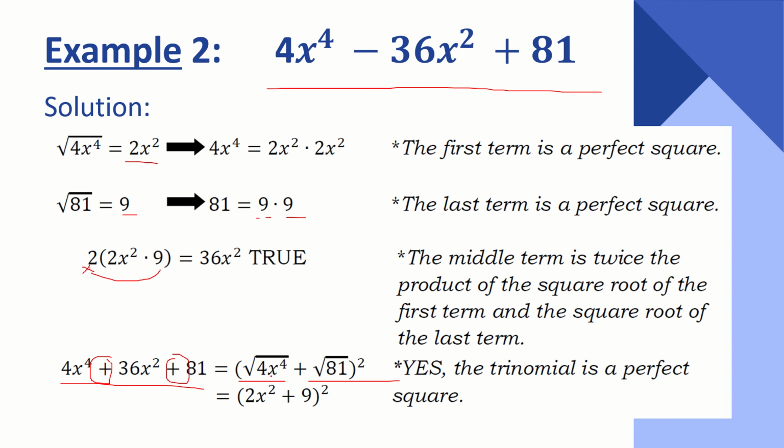The square root of the first term is 2x squared. The square root of the last term is 9. And we square this one. Therefore, the factor of 4x to the power of 4 plus 36x squared plus 81 is 2x squared plus 9, squared. Okay? So, that's it. Let's try some examples.